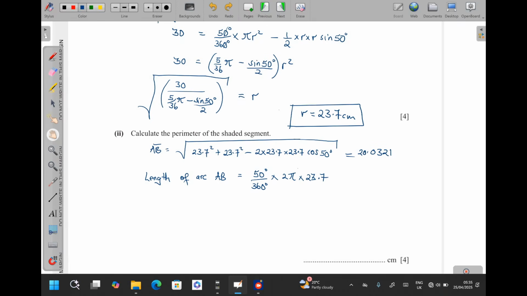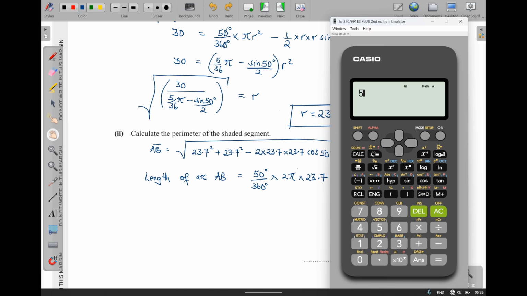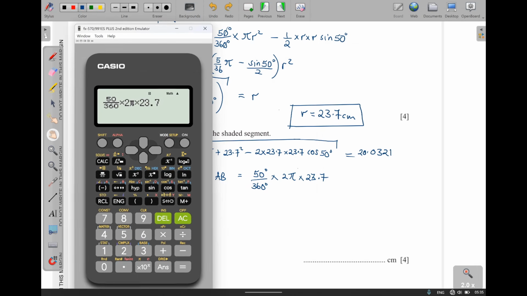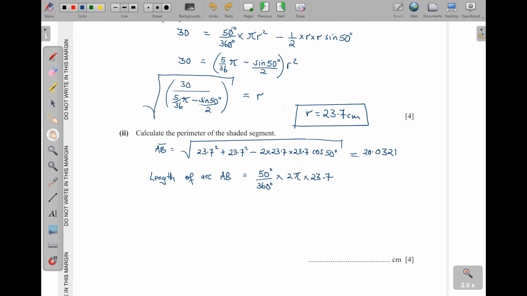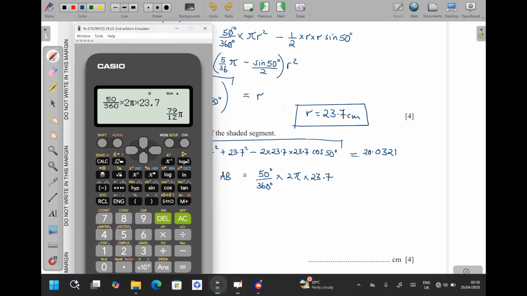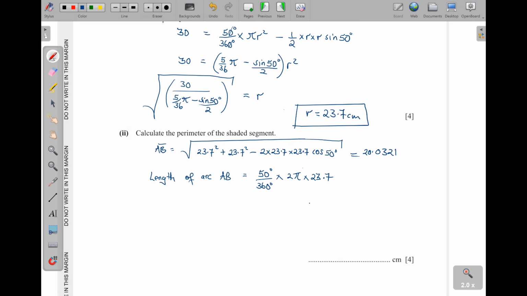Then putting this in the calculator, we have 50 out of 360, then times 2 pi, then times 23.7. So this gives me 79 over 12 pi.